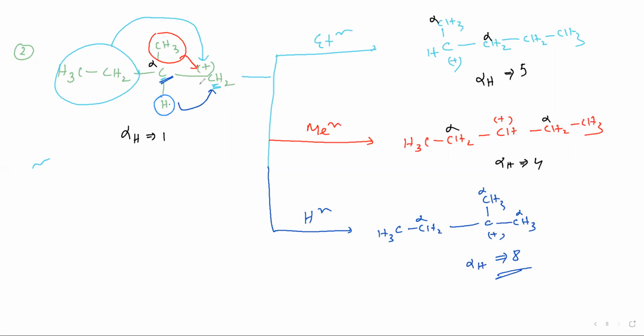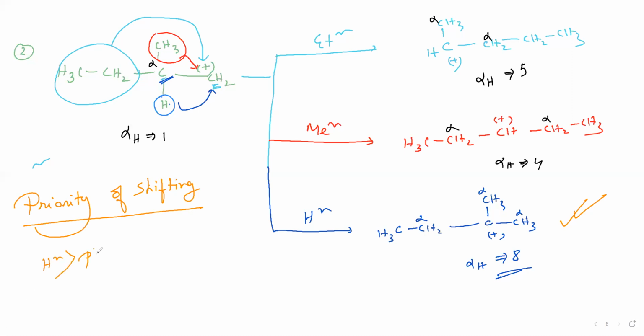Now tell me in which case shifting possibility is high. Definitely this one. That's why priority of shifting. Remember, hydride is the most priority. After that, phenyl group, then any alkyl group.